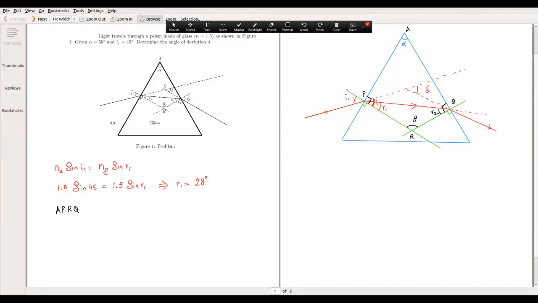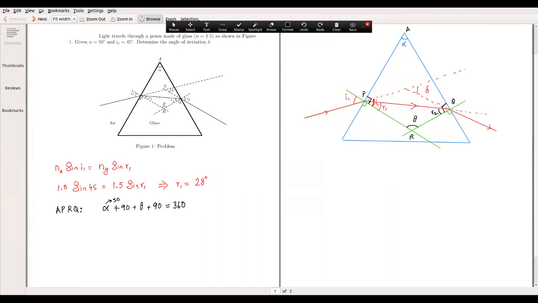So as far as angle A goes, it's alpha. Angle P in the quadrilateral APRQ, alpha plus 90 degrees here. And then angle theta plus the fourth angle is 90 degrees again, and altogether this amounts to 360 degrees. Angle alpha is given to be 50 degrees.